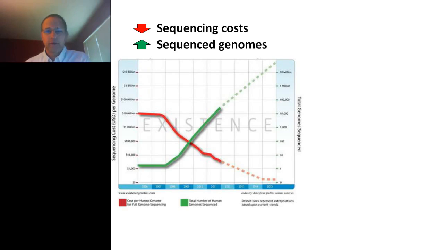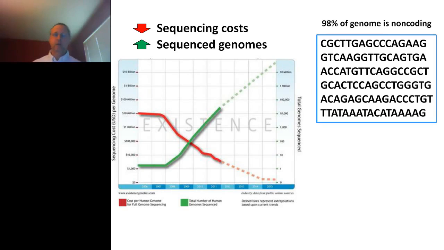So we can make millions of genomes, and in the future we'll have a lot of genomes being sequenced. The problem there is that when we sequence a genome, only 2% of it is actually coding, and 98% is non-coding, and that is where these regulatory elements may lie.